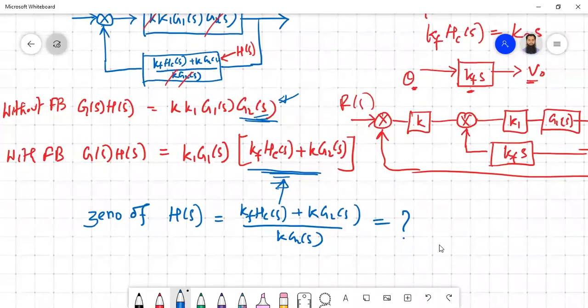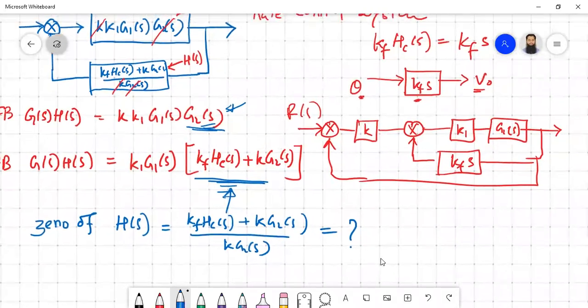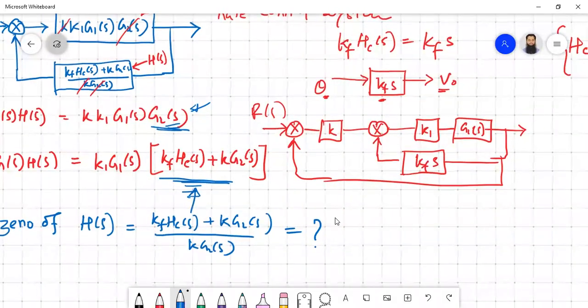Okay, or I can actually directly figure out what will be happening with the 0. So just find out what will be your closed loop transfer function.